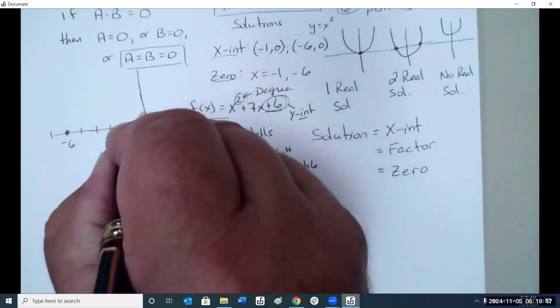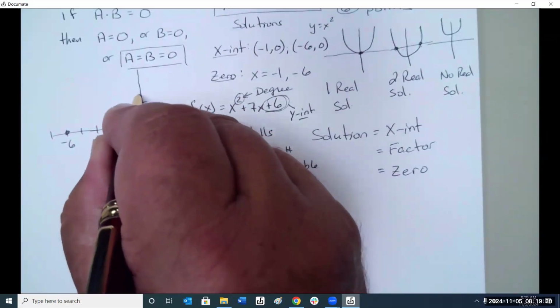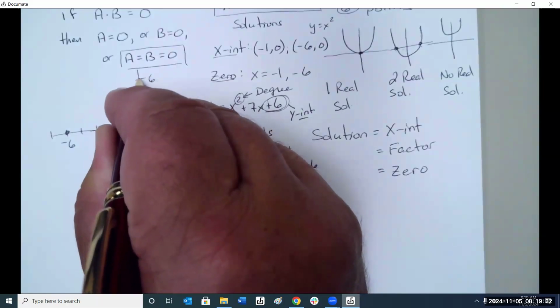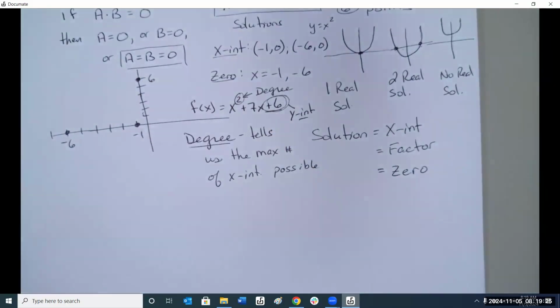So we know in our graph here, we have a point on the y-axis at 6. Do we know any other points without doing any math? Quadratics are symmetric around the axis of symmetry.